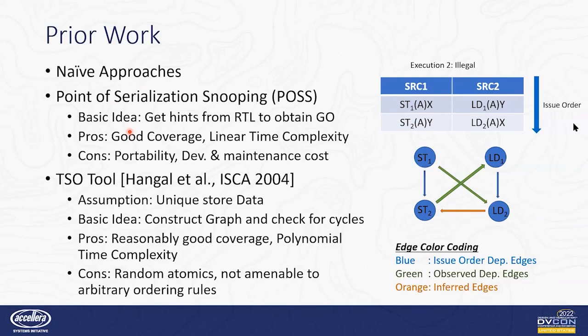And then we basically get hints from the RTL to figure out how the design ordered these memory operations instead of inferring the memory operation order. So this works very well because there is no stimulus restriction, and this can be done in linear time complexity.